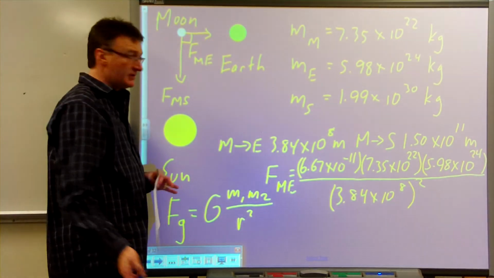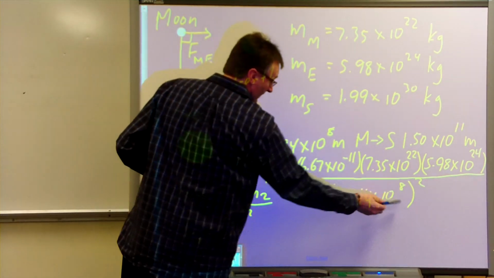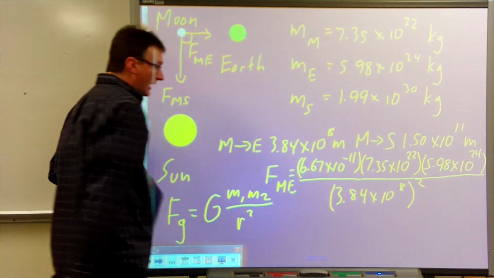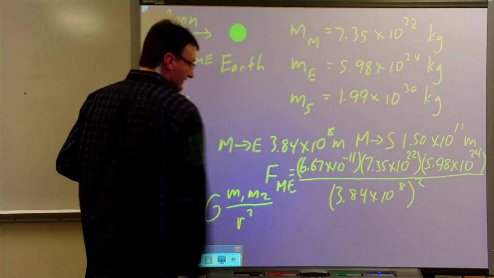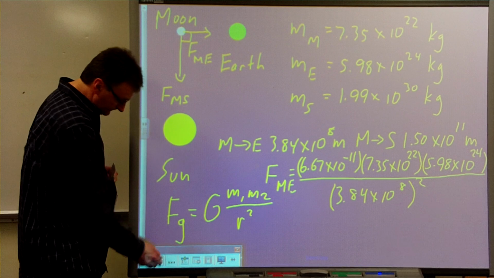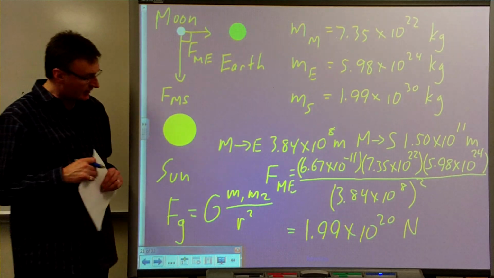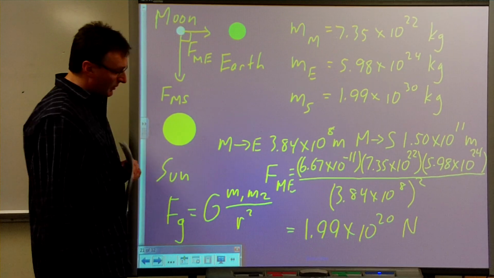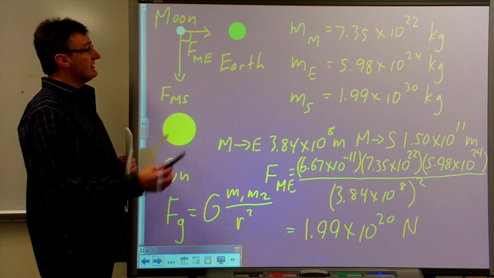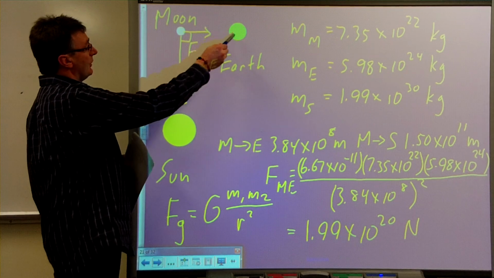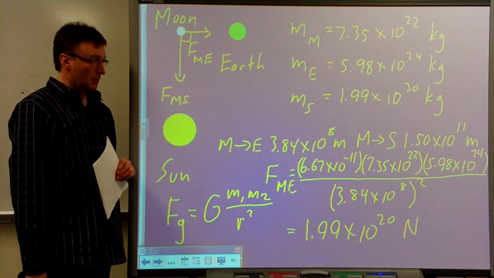Again, your most common mistake is not to square this number here. So make sure when you're doing your calculations that you square the number in the denominator. If you punch your numbers in your calculator correctly, you will get 1.99 times 10 to the 20th newtons. So that is the force that the Earth is exerting on the moon.